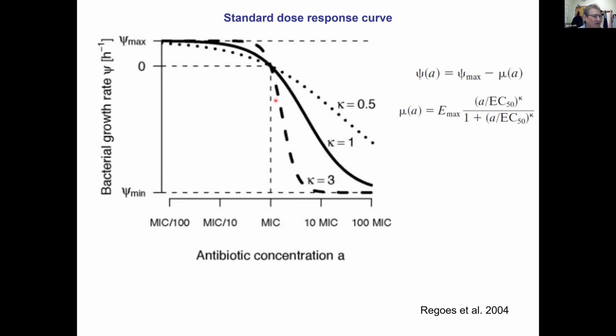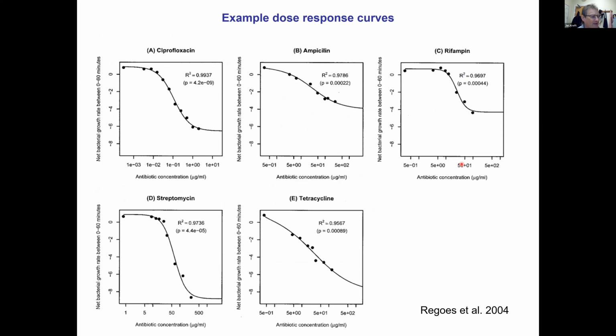This dose response curve can be written like this as a sigmoidal function. And here is some experimental data showing different relationships. They are more or less sigmoidal, not always very clearly sigmoidal, but it's generally a reasonably good model.